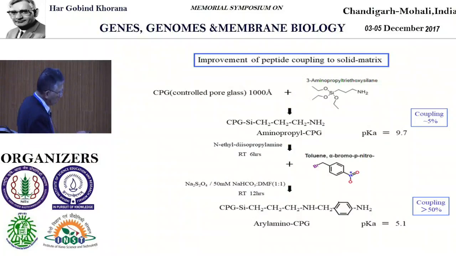And also, I had to improve the coupling yield. Aminopropyl glass beads, controlled pore glass beads, didn't couple very well, only 5% or so. So with Gupta's suggestion, we lowered the pKa of the amino groups by having an allyl group here. And this new glass beads coupled more than 50%.